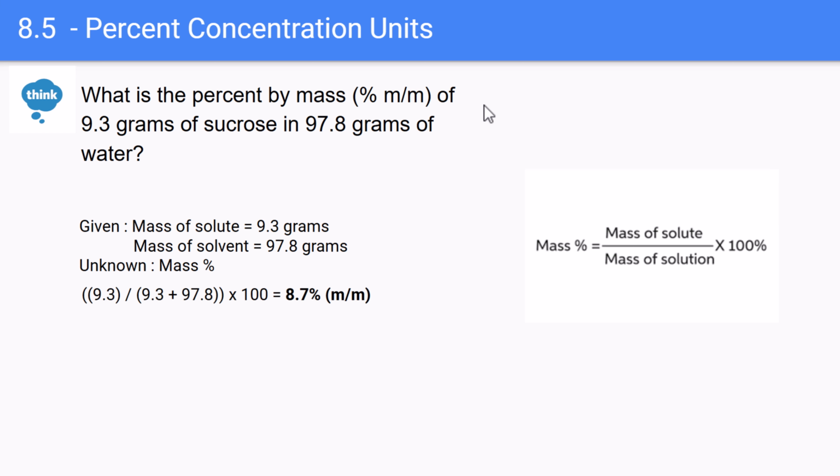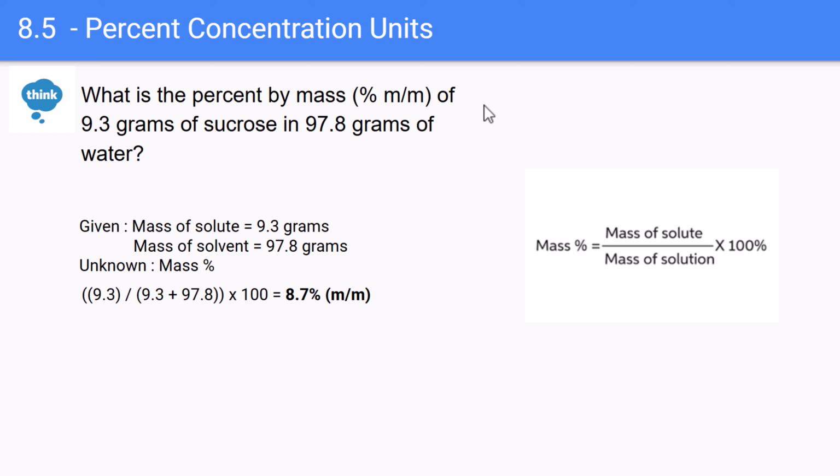So I'm going to take 9.3 grams, which is the mass of the solute, and divide that by the sum of 9.3 plus 97.8. I'm then going to multiply that value by 100 and get 8.7%. Now, often percent by mass is given as a percentage, and then it will say M over M to indicate that it is mass over mass.